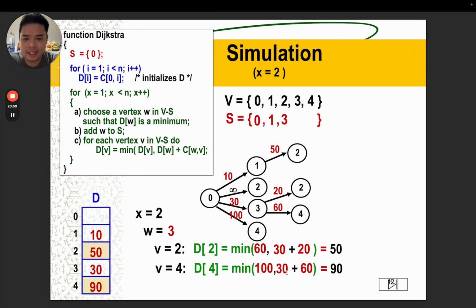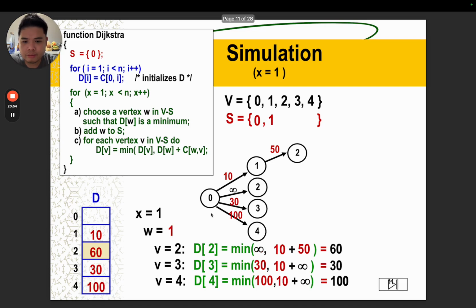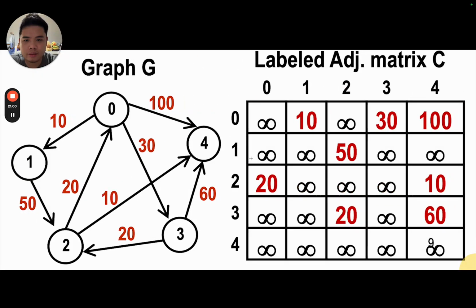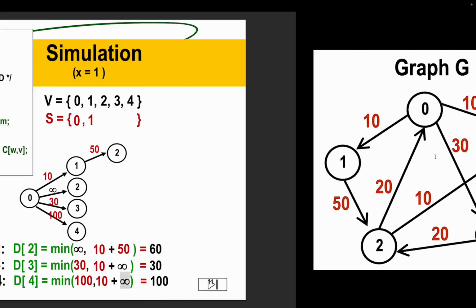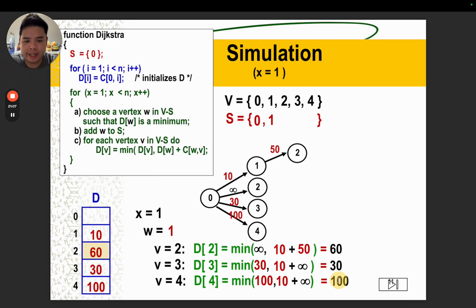So it's 1 plus infinity, because there is no direct path, or no arc. So we get 100 and we set that here. Nothing changed.